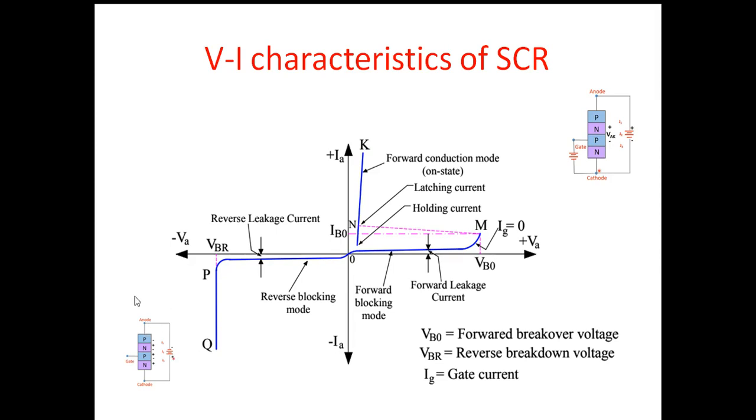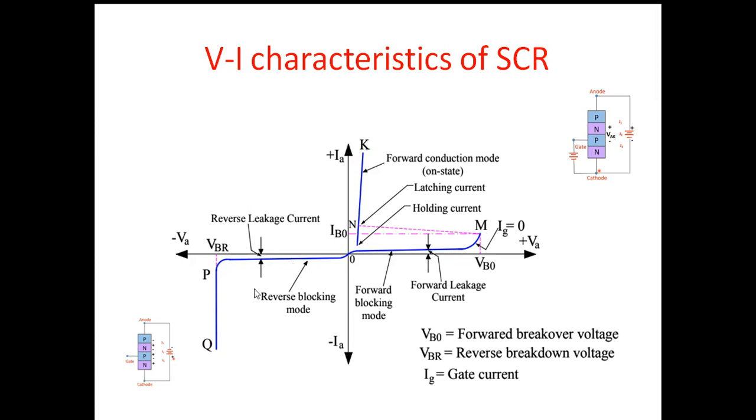In this reverse bias, the device behaves like a normal PN diode. The specific advantage of the SCR is only in forward conduction. As the reverse supply voltage increases, a very minimum current flows through the device in the reverse blocking mode. That current is called the reverse leakage current.